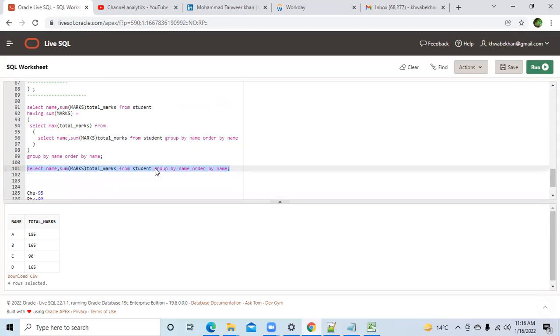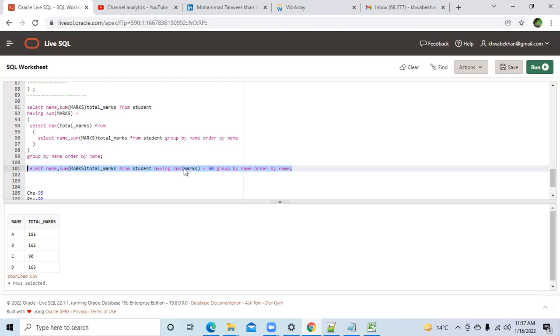Now suppose I am writing here having sum of marks is equal to 90. Randomly I have taken a number. And don't correlate this query with that earlier question we were discussing. This is totally different.